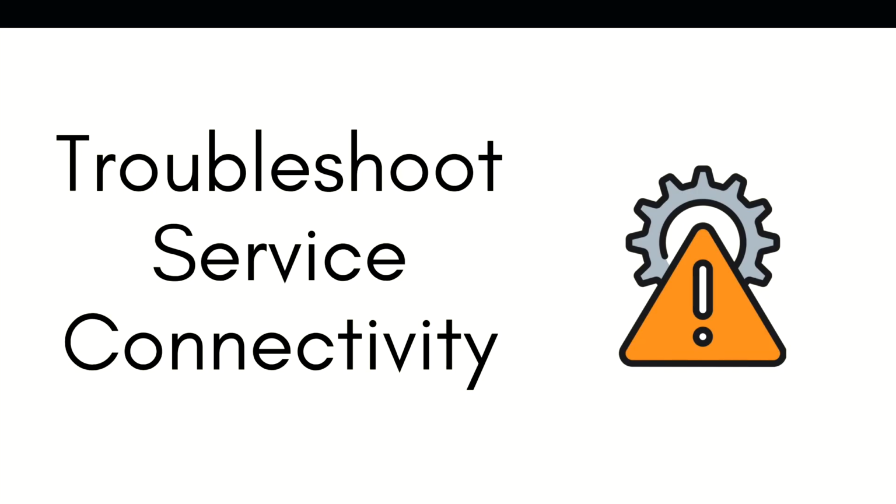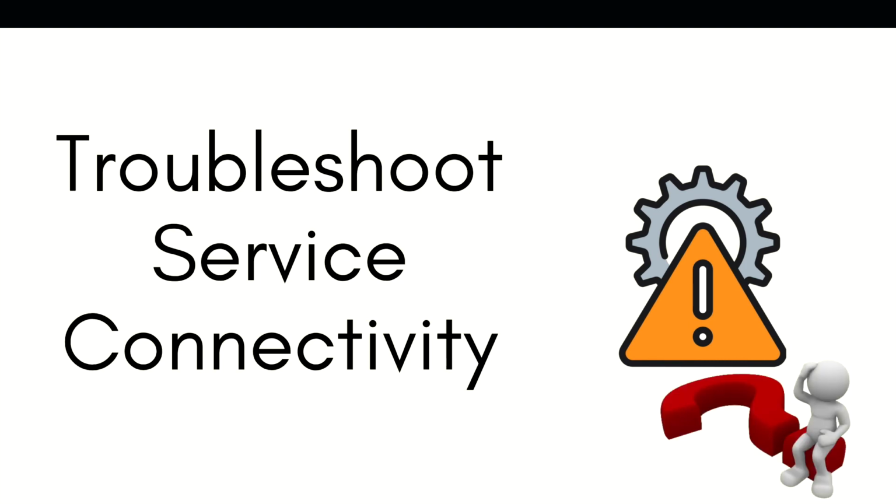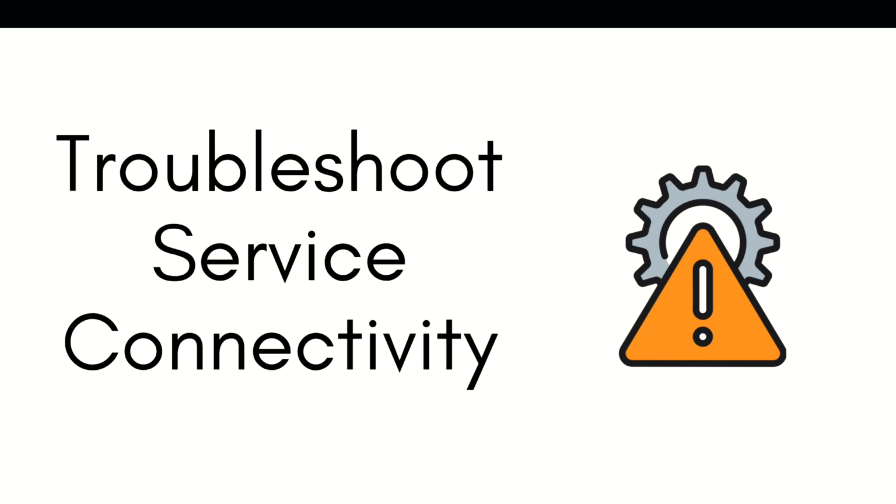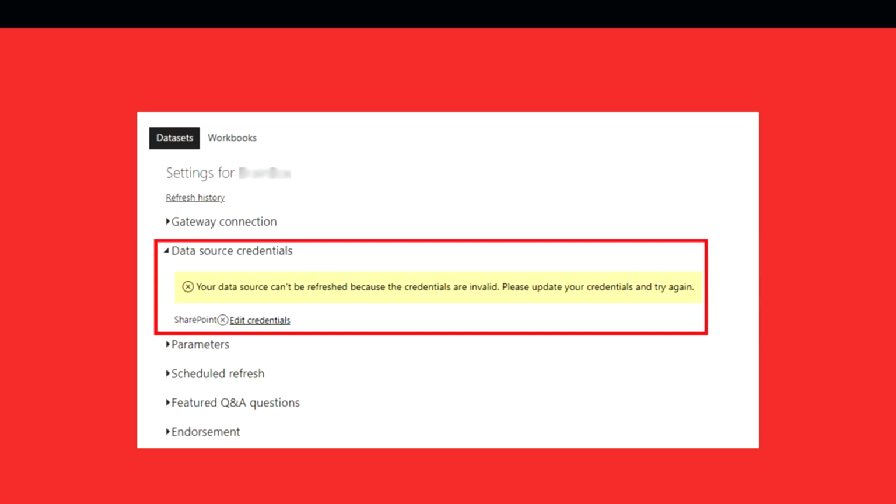Now we are going to talk about troubleshooting service connectivity. That means in many scenarios you will see that you are not able to connect with the Power BI service or the Power BI data gateway, as we just encountered previously when I was trying to connect with my Power BI data gateway. In that case, generally your data source credentials are not correct.